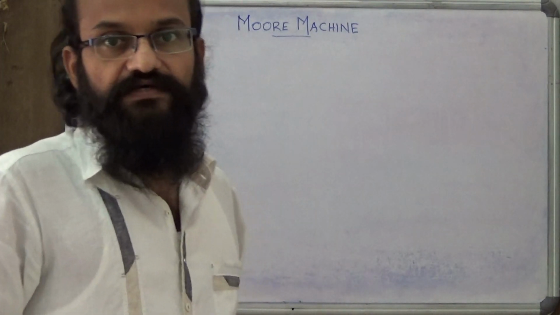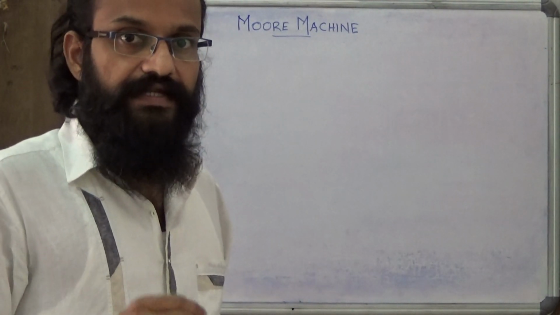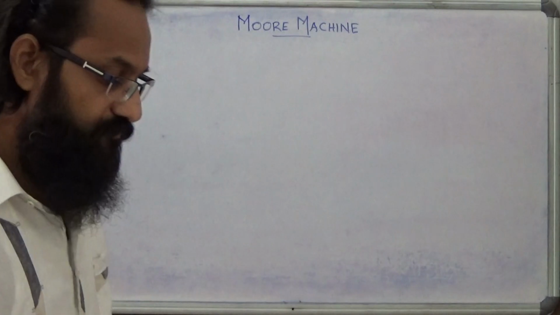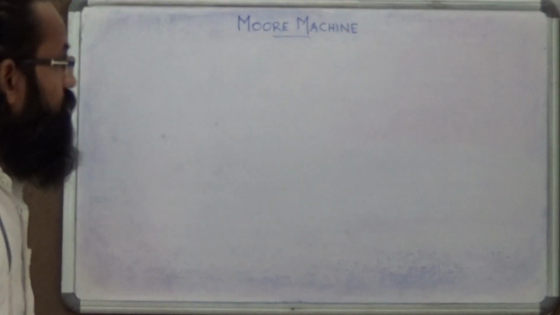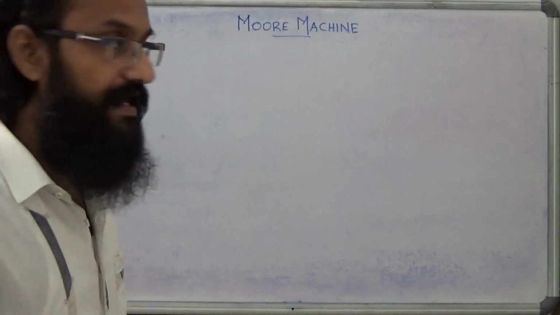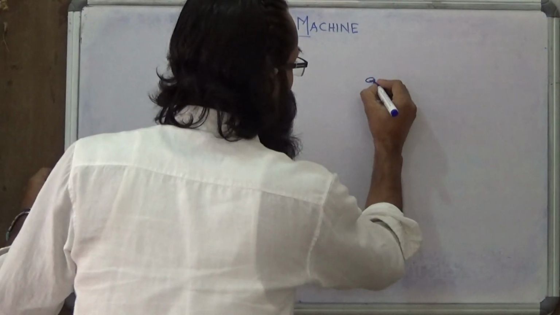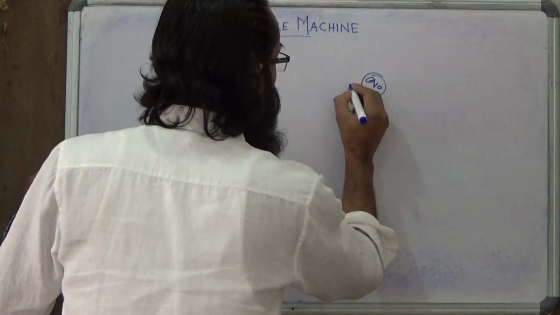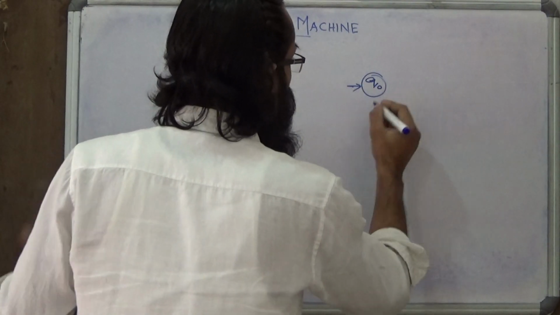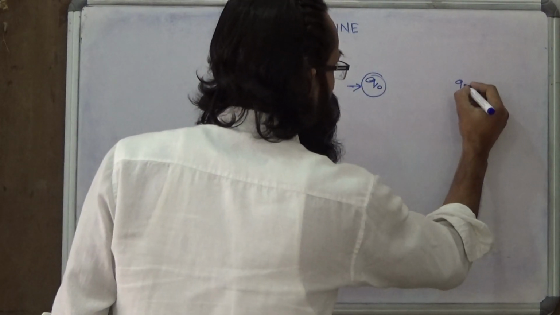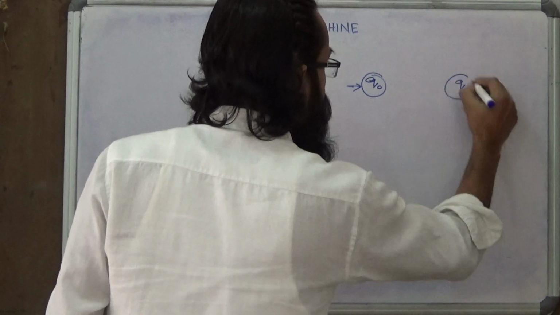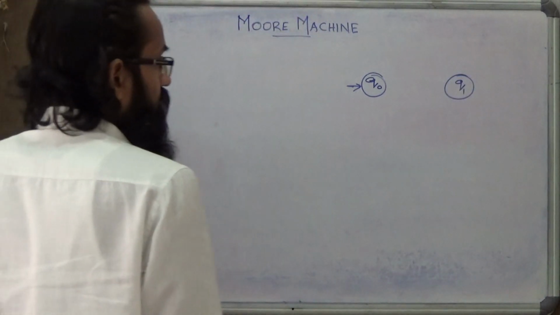This lecture deals with automata generating output, that is, the Moore machine. So let us consider an example. Assume that you are having two states Q0 and Q1.